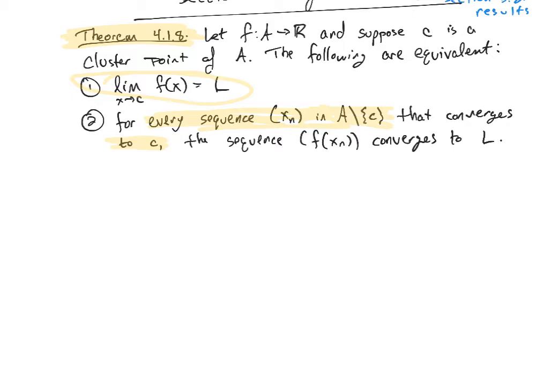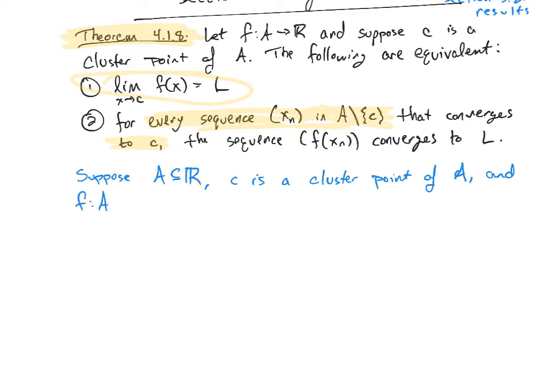This is part of a proof of a theorem, but I just want to specialize to one situation. So suppose, we start with our normal hypotheses. A is a subset of R. C is a cluster point of A. And F maps A to R. But, sorry, I want two functions. Yeah, let's do two functions.